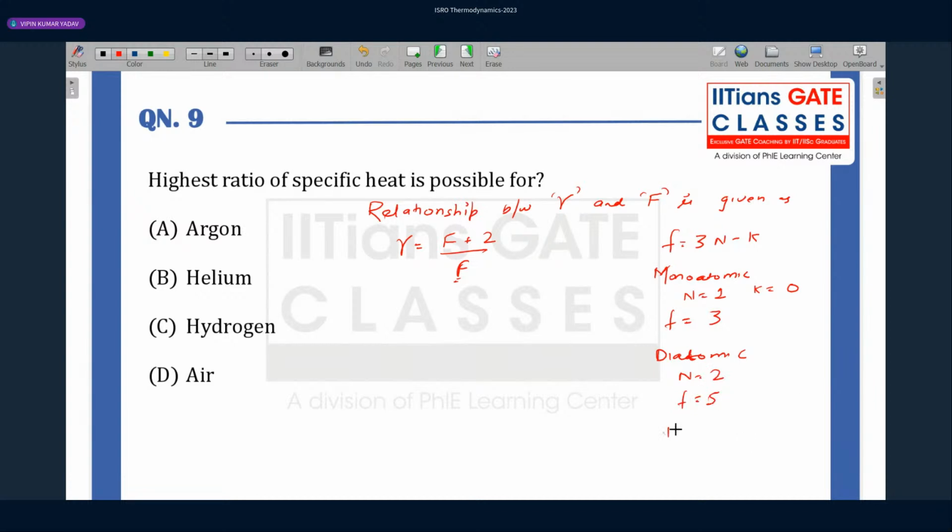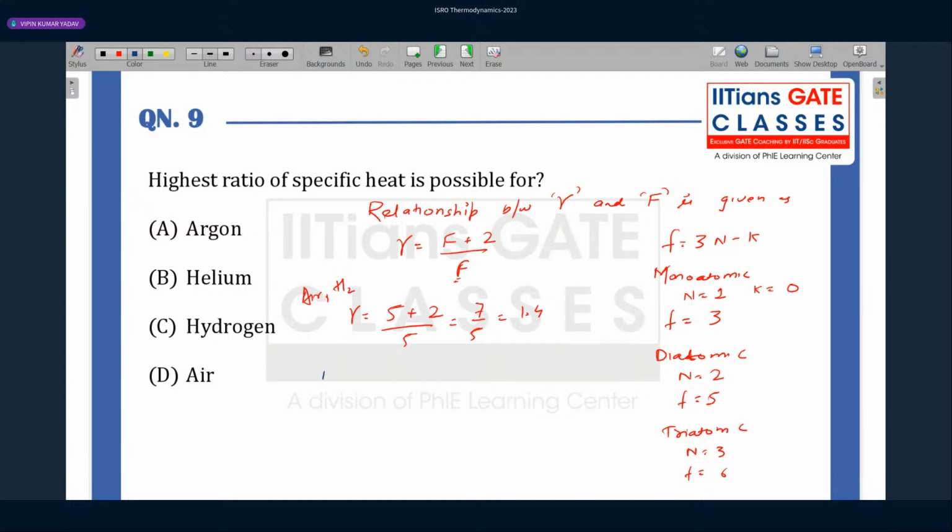Triatomic, N is equal to 3 and F is equal to 6. So for diatomic, for example air or hydrogen, your gamma is equal to (5 plus 2) by 5, which is 7 by 5 or 1.4. So for air or hydrogen, you have this.